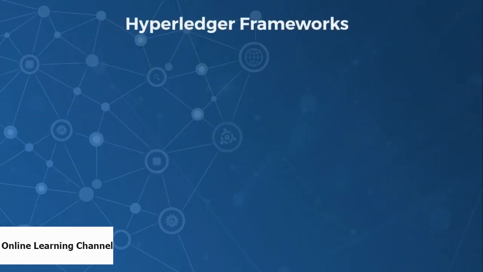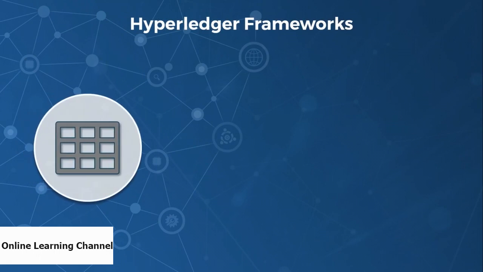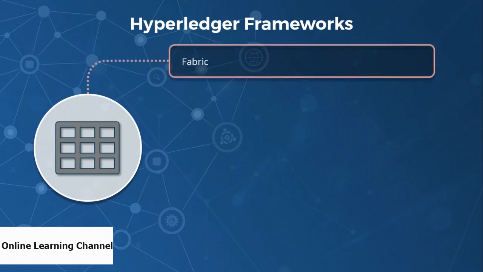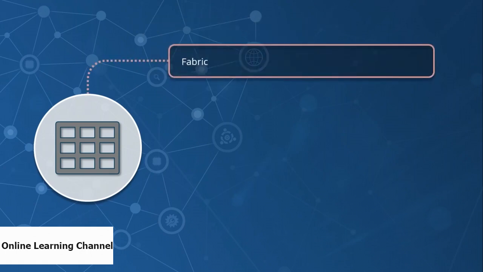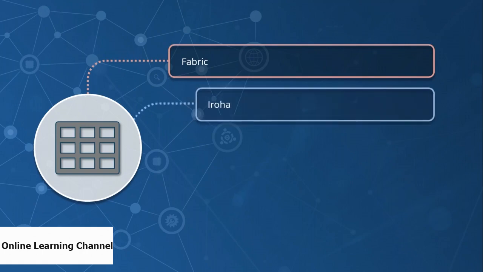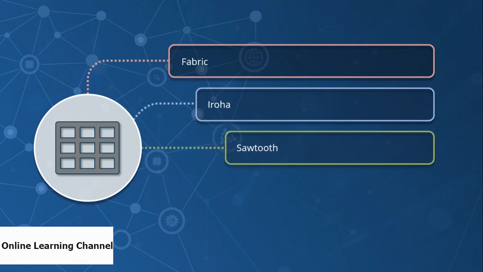Which brings us now to the different Hyperledger frameworks which are available for us to use. The most widely used of the Hyperledger frameworks is called Fabric, and this is the one which we will focus on a little later in this course. Another widely used one is called Iroha. There is also a framework known as Sawtooth, and these are the three most popular frameworks available so far.